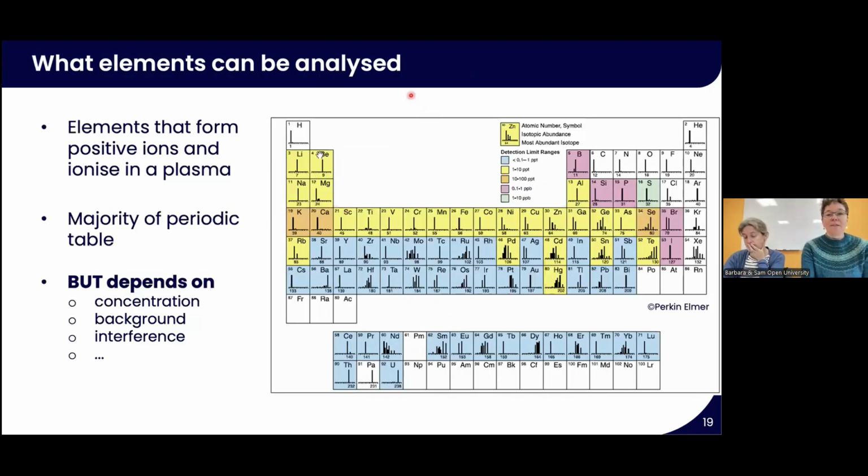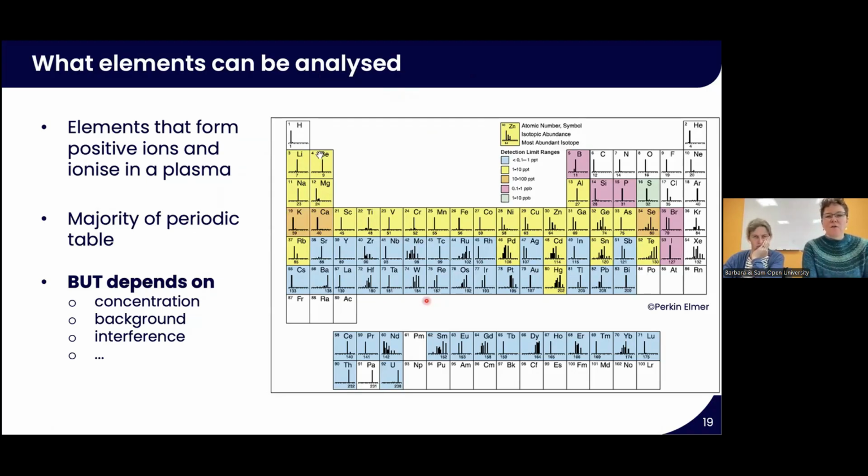So, what elements can we analyze? Any element that can form a positive ion in the plasma is possible to analyze, which covers the majority of the periodic table, which you can see here. Highlighted in the different colors is a rough concentration estimate that you are able to analyze in solution.